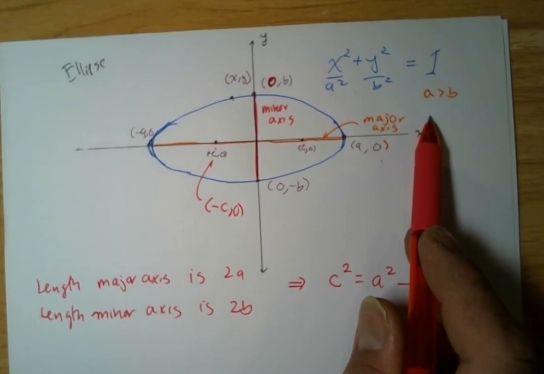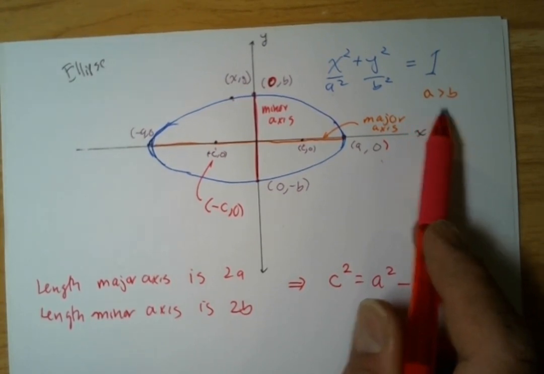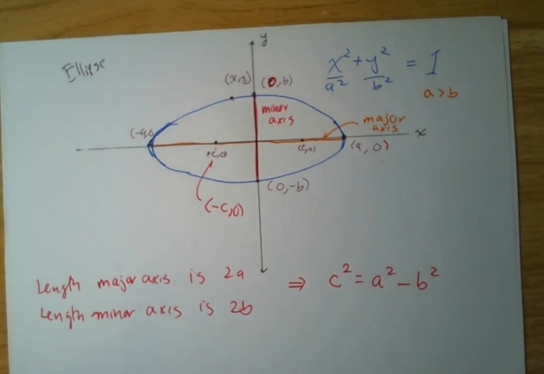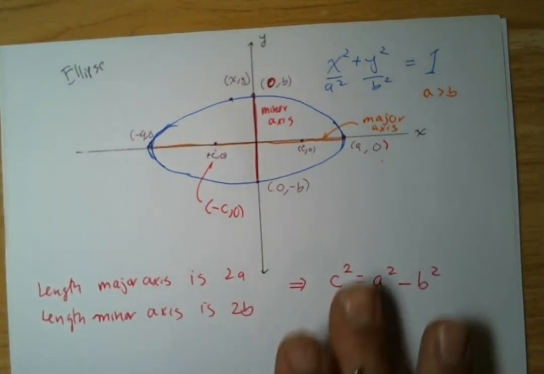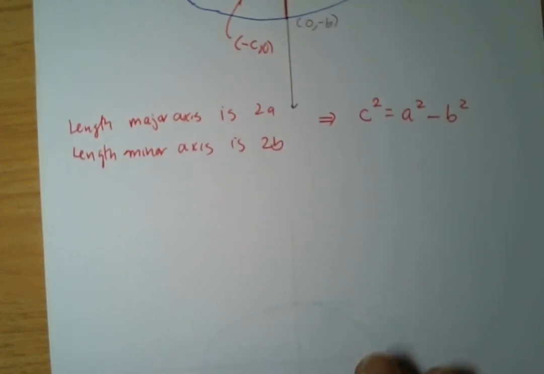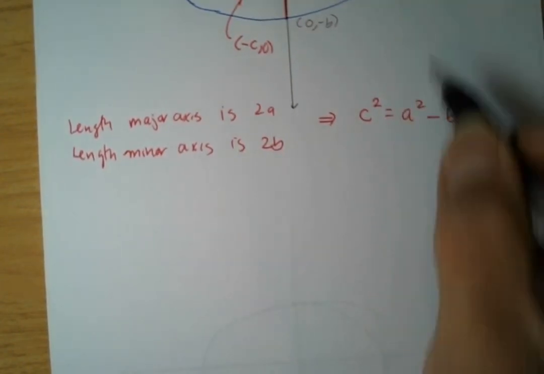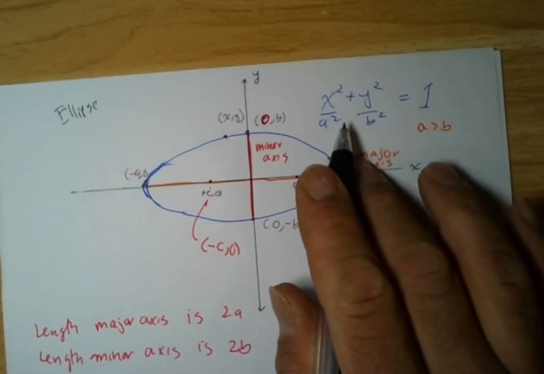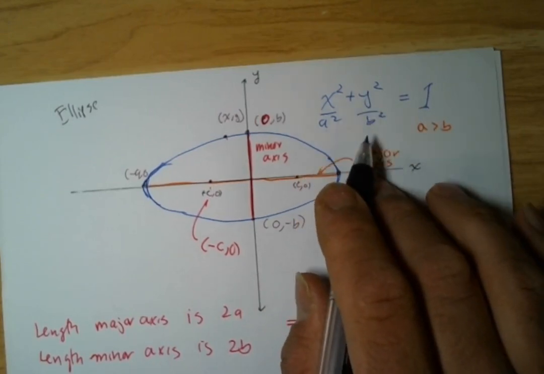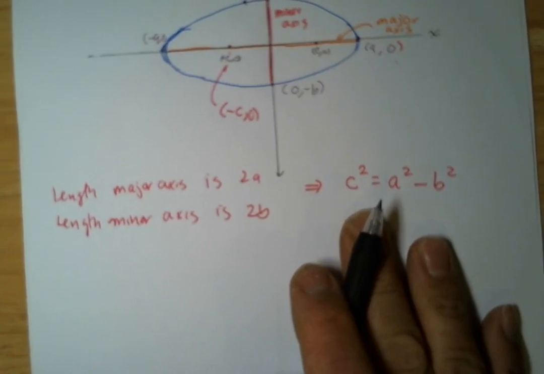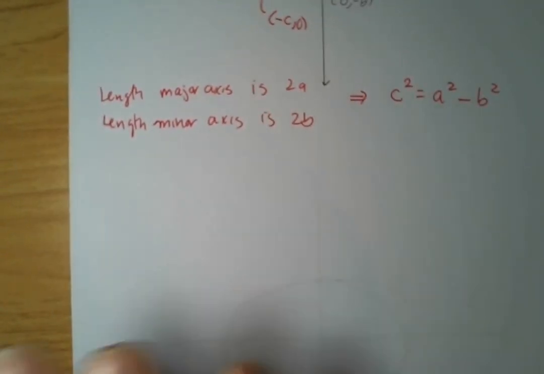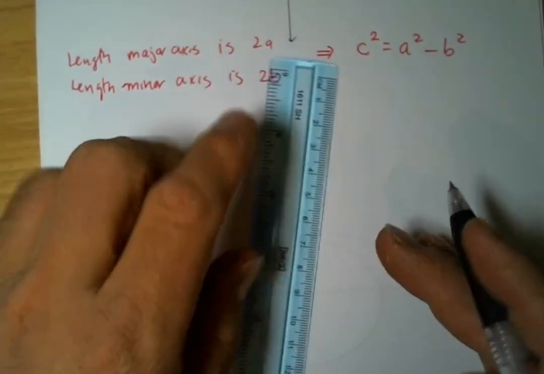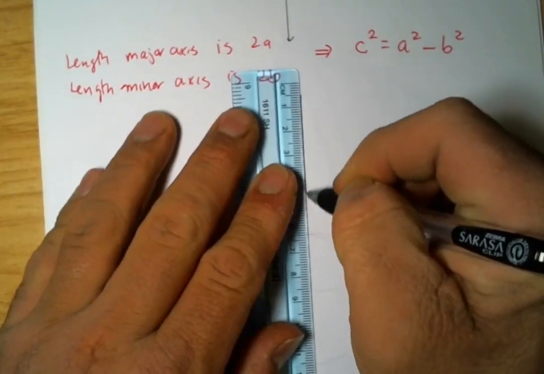All right, now if a is not greater than b, or in other words, if b is greater than a, then we have a different situation. Now, what will happen then is the equation will still be written as x squared over a squared plus y squared over b squared. Right, but now, let me have a new coordinate axis here.